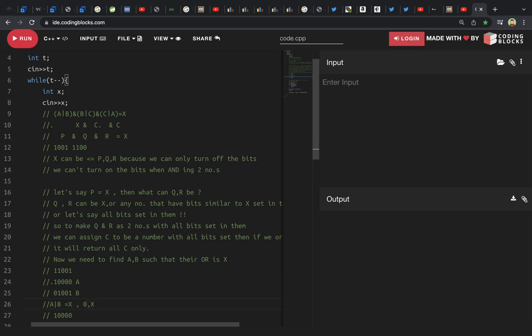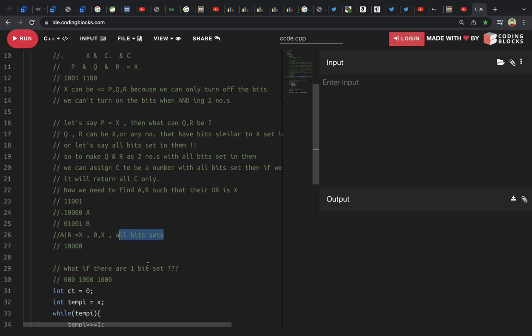X can itself be used, and the other number can be all ones, basically all bits set. This also explains why we can't make q and r to be x, and we have to use a different number that has all bits set, c, to b, because these three need to be distinct, so we can't make c also equal to x.